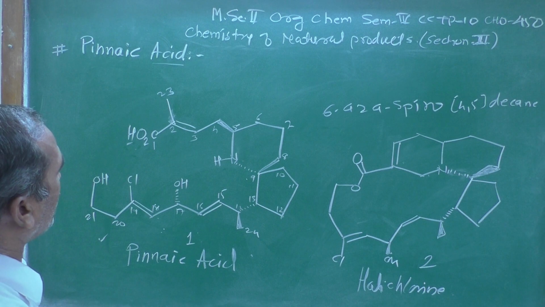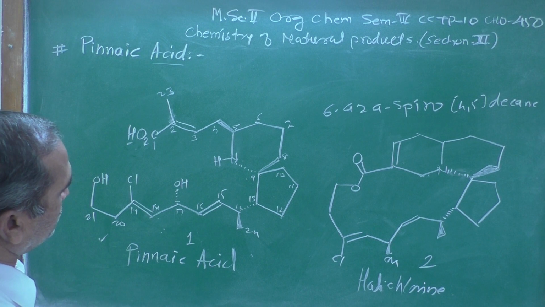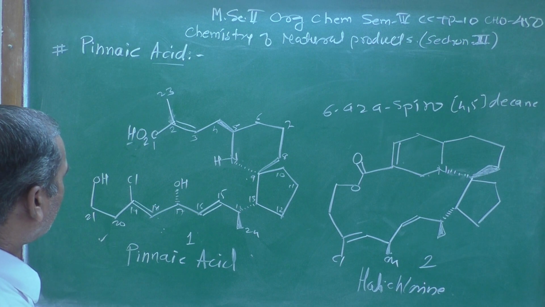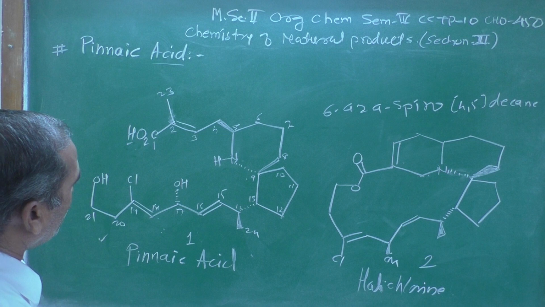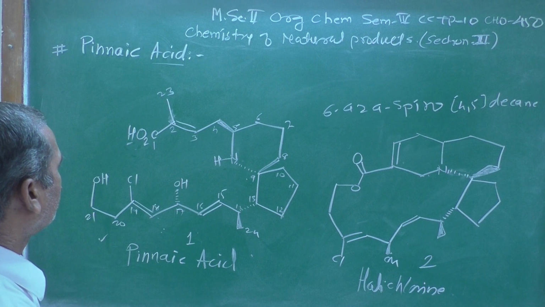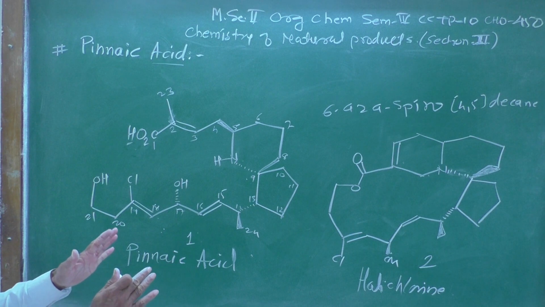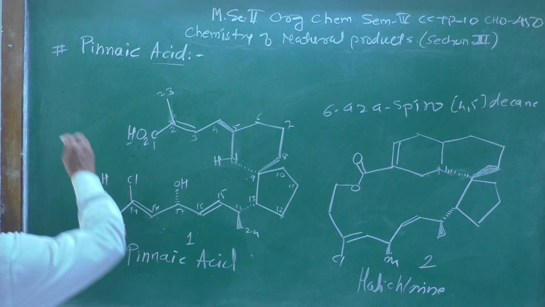Total number of chiral centers are present, and 3 of them are continuous. And which are those 3 continuous chiral centers?